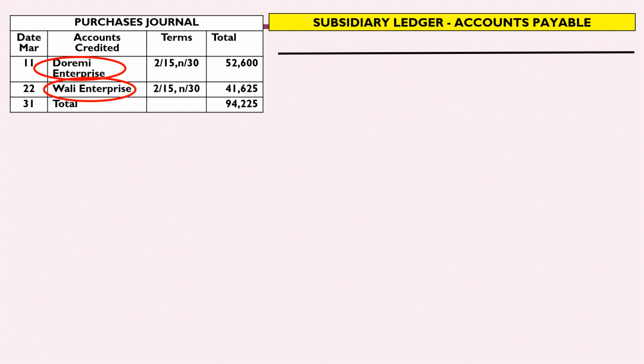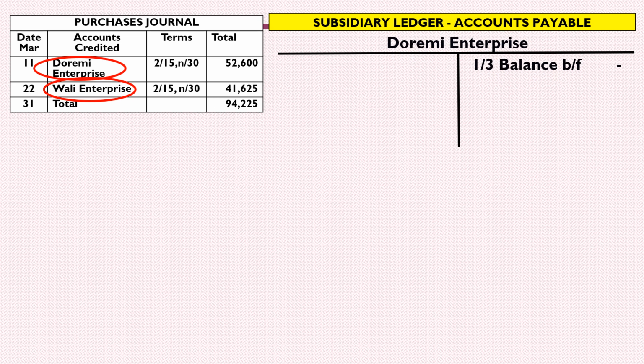Firstly, write or draw the T accounts line for Dani Enterprise. Firstly, write down the balance brought forward. That is on 1st March. The balance brought forward is 0.